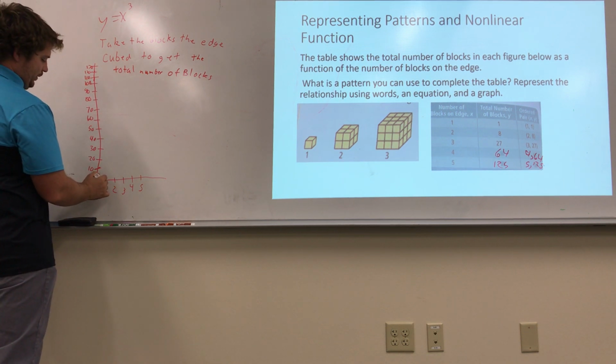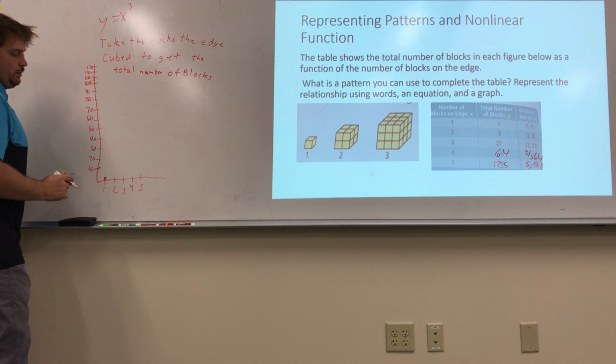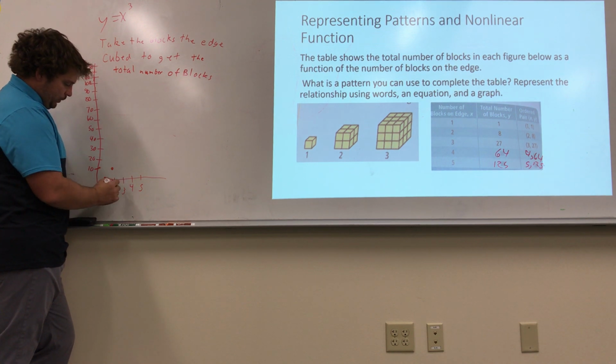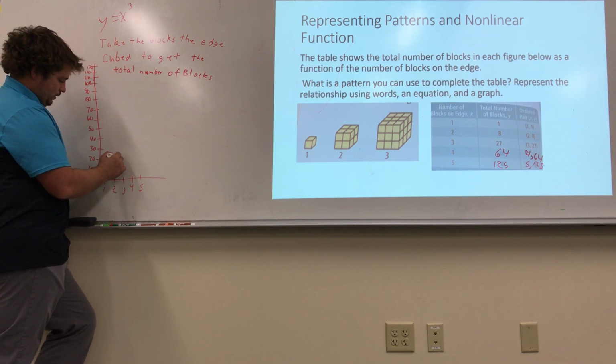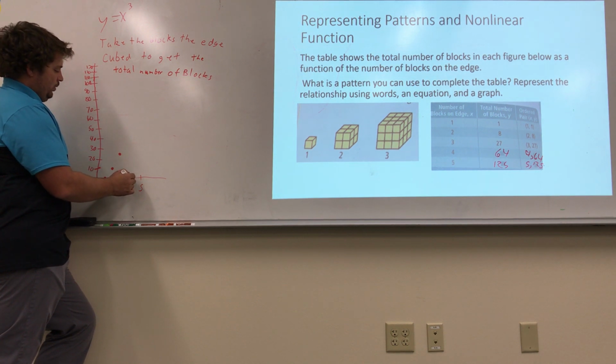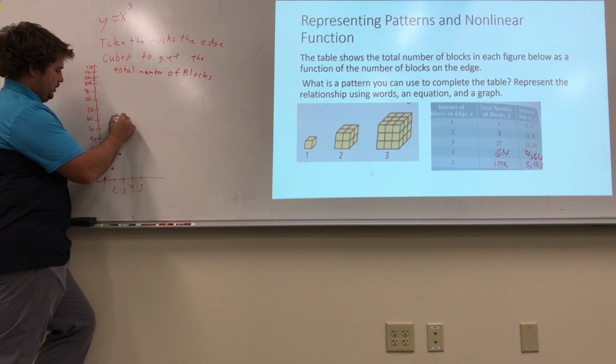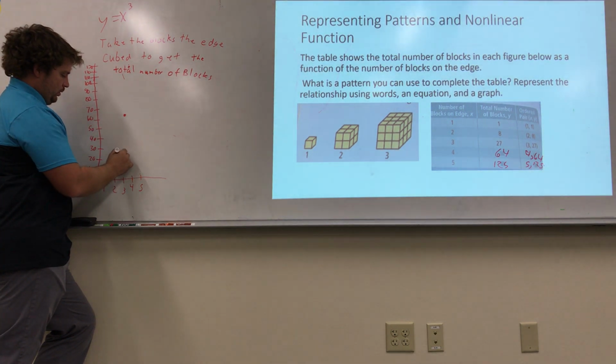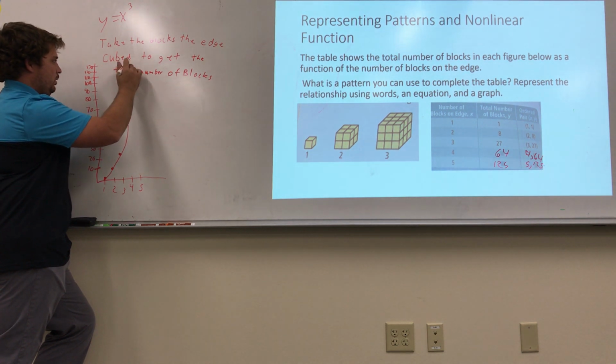So at 1, it was 1. So you probably got something like down on the edge right here. Alright, 2 was going to be 8. Well, that's going to be not quite there. 3 was going to be 27. Okay, 4 was going to be 64. 5 is 125. I did it wrong.